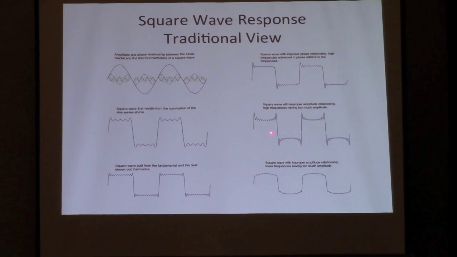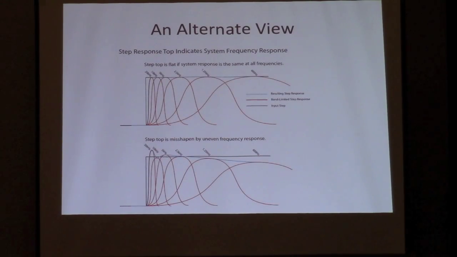So the point is you can tell about the frequency response by looking at the square wave response as well as the time domain stuff. So the way I look at a square wave is that when it initially goes up, you're looking at the bandwidth limit of the system. That rise time is going to tell you your high frequency limit.